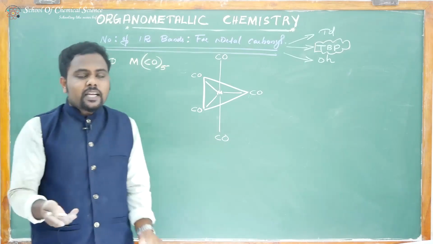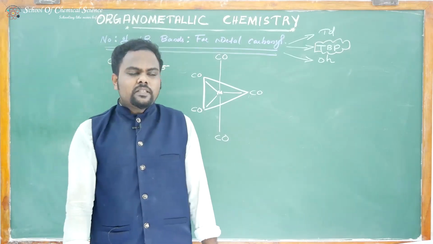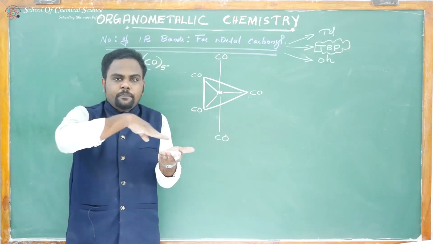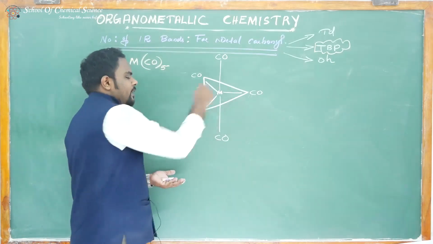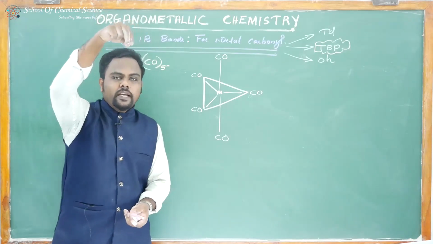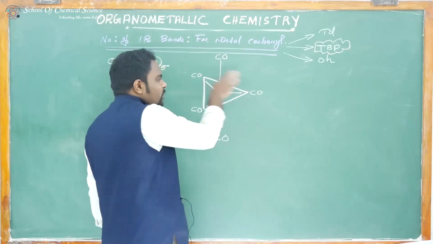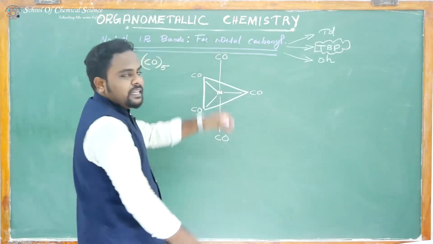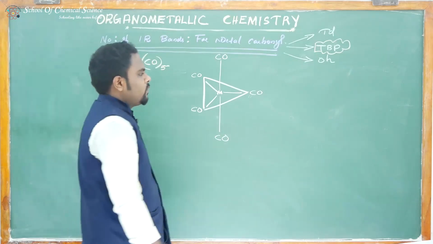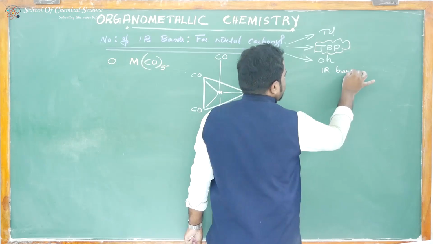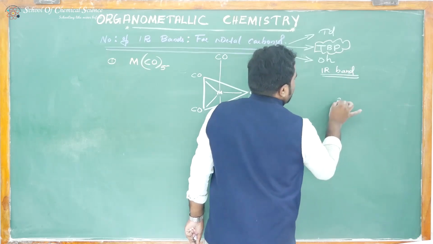If it is symmetrical, then only one signal will be there. This is not symmetrical, but the trigonal plane is symmetrical, and this axial is also symmetrical. So one band for the symmetrical plane and one for the axial linear carbonyl. So total number of IR bands equals 2.